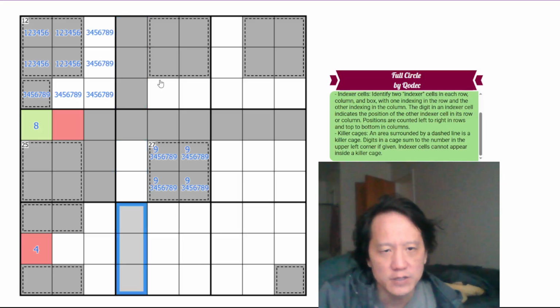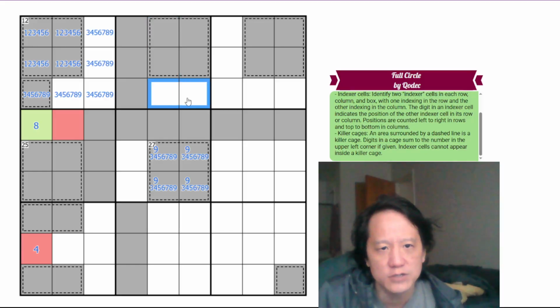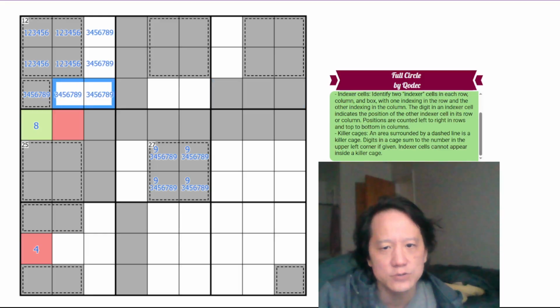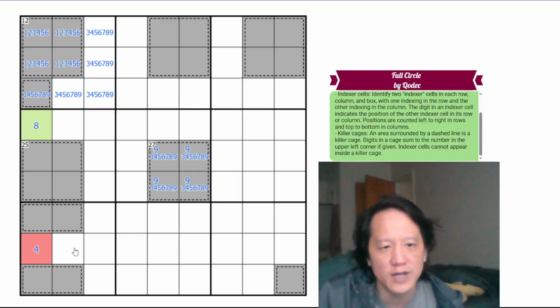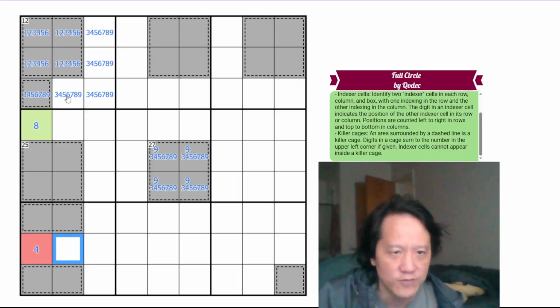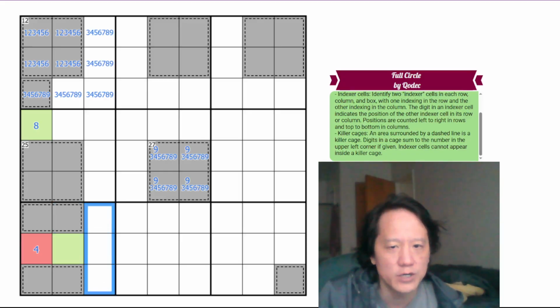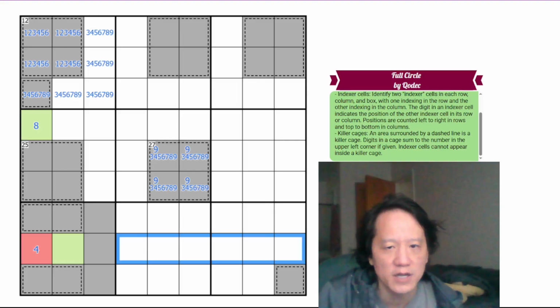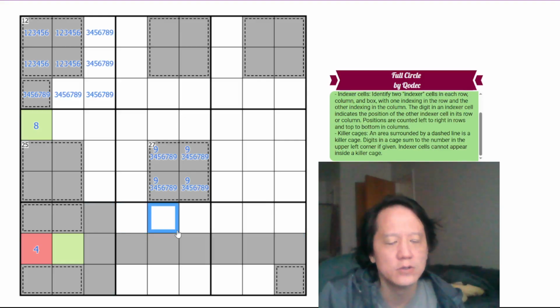So this can't be indexers, which means in box 2, the indexers have to be both here, which eliminates indexers here and indexers here, which forces this to be an indexer. So we know if this is an indexer, that guarantees this is an indexer. If this is not an indexer, the two indexers have to be both here. So this is guaranteed to be an indexer no matter what. So this cannot be indexer here. This cannot be indexer here.